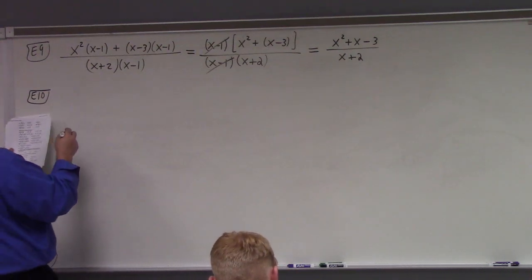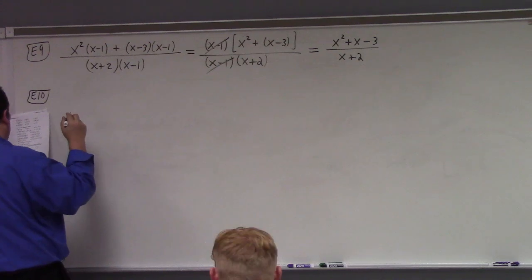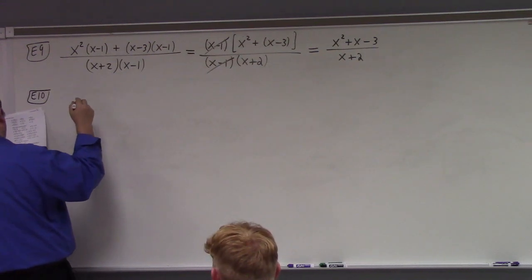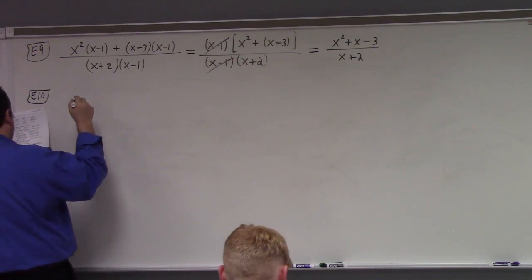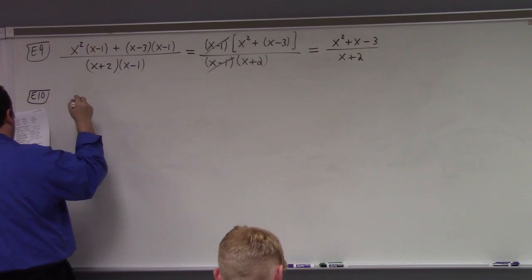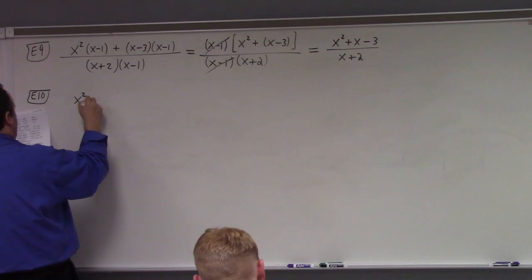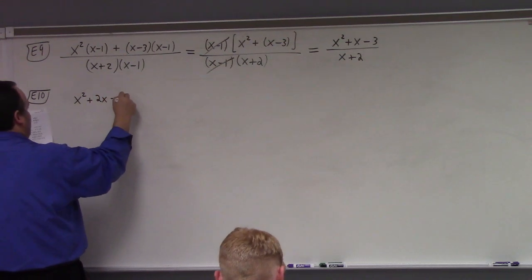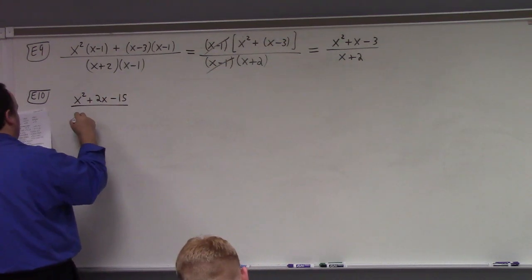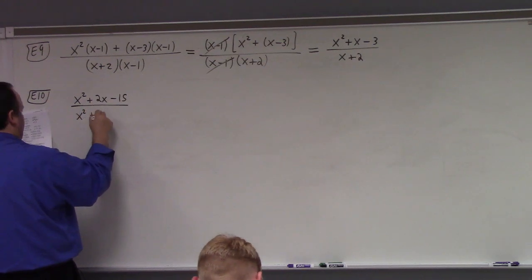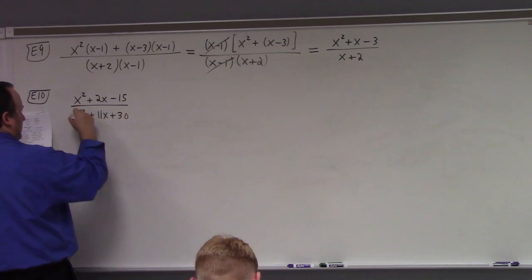Here we go. Next example. Let's try our hand at x squared plus 2x minus 15 divided by x squared plus 11x plus 30.